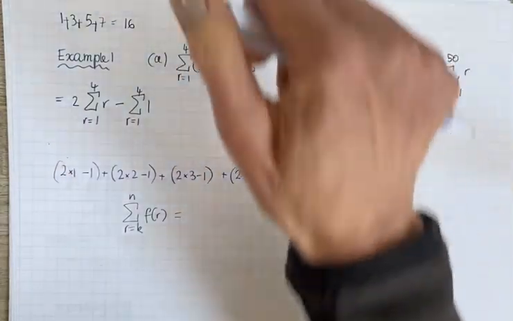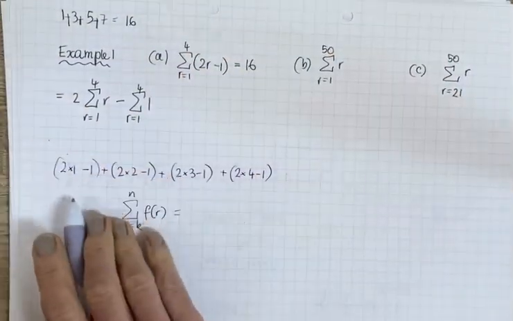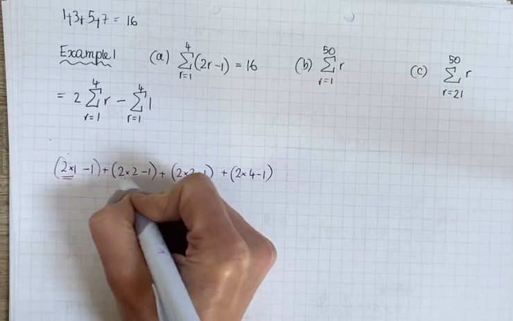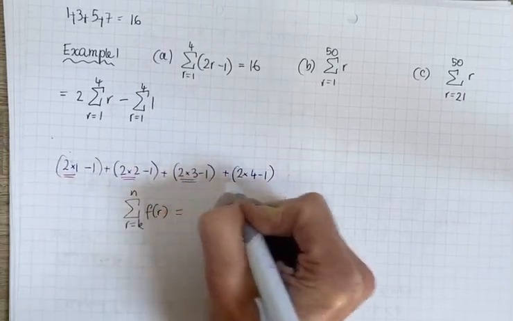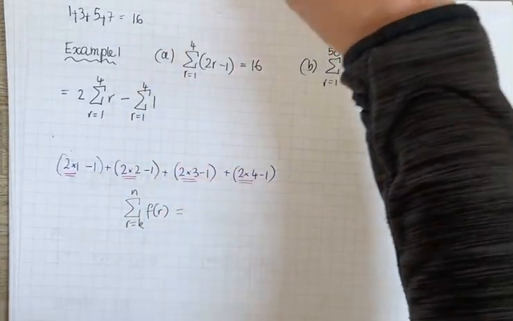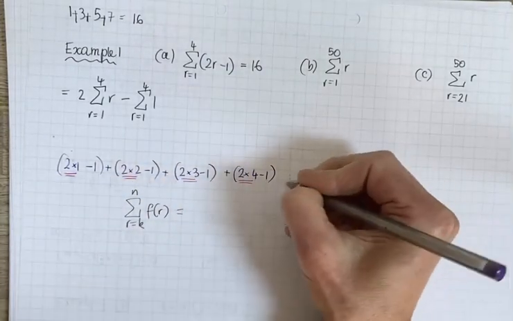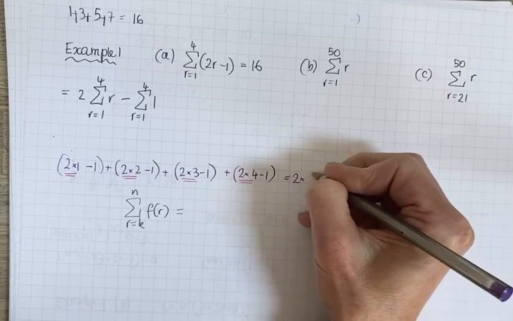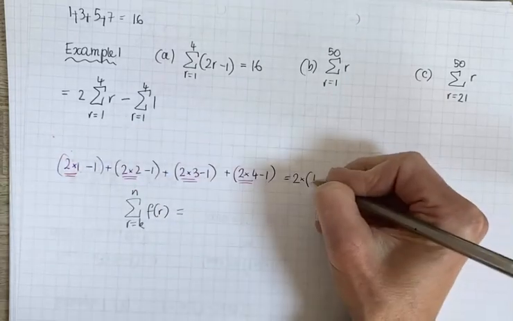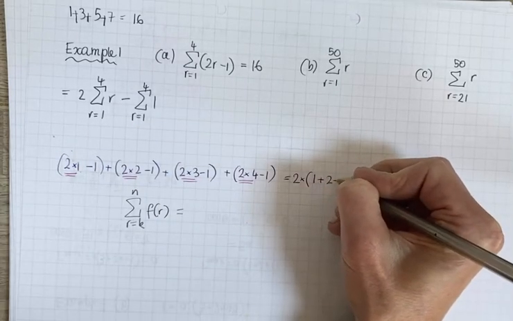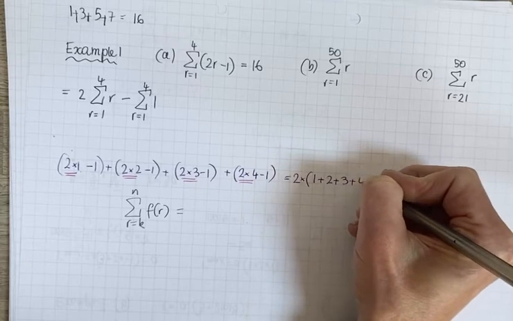Well, if you just look at these at the start of each bracket, you can see clearly that this generates 2 times 1 plus 2 plus 3 plus 4.